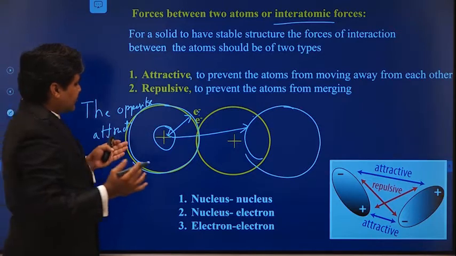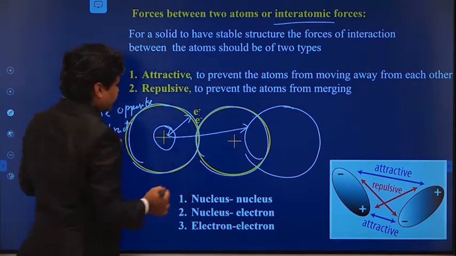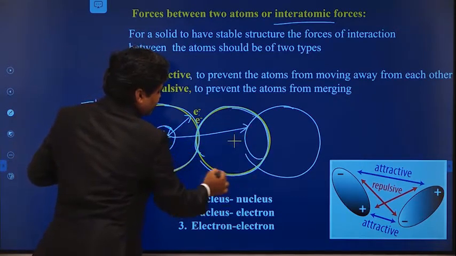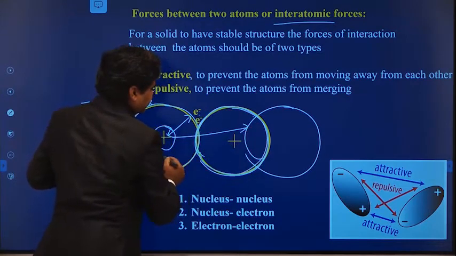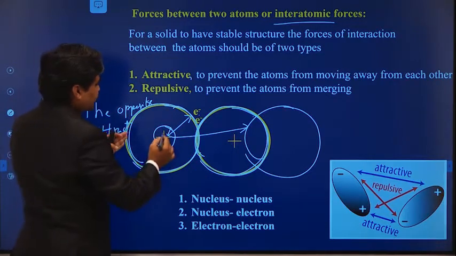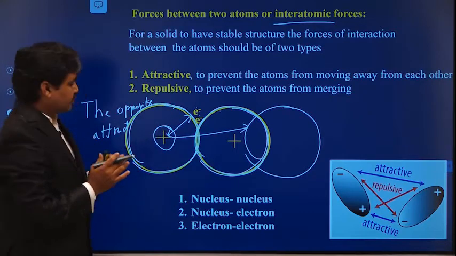When they come very close together, the overlapping of the atomic orbitals will start. This electron has negative charge and this electron also has negative charge, so both start to repel.